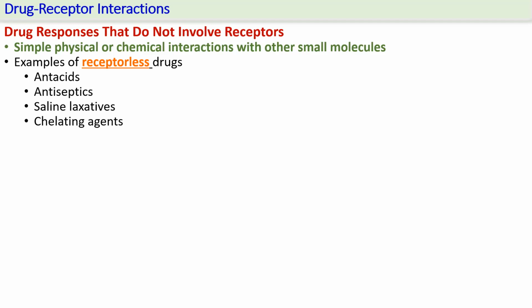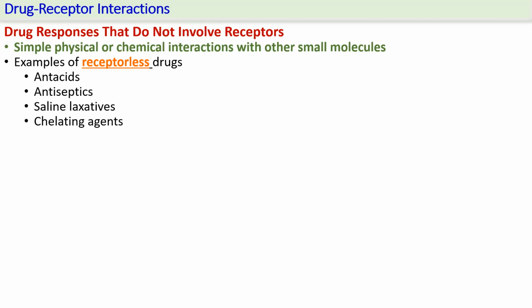Chelating agents are medications that bind to specific molecules and get rid of them. Most of the time, it's chelating agents in the GI tract, or sometimes even in the blood.